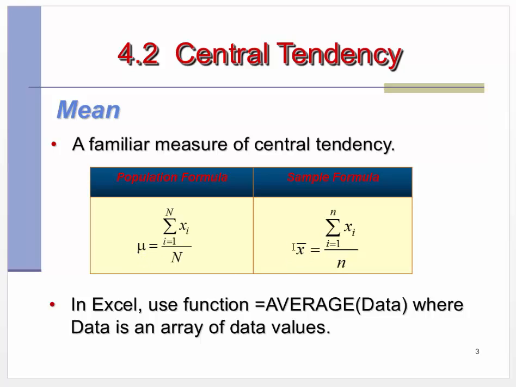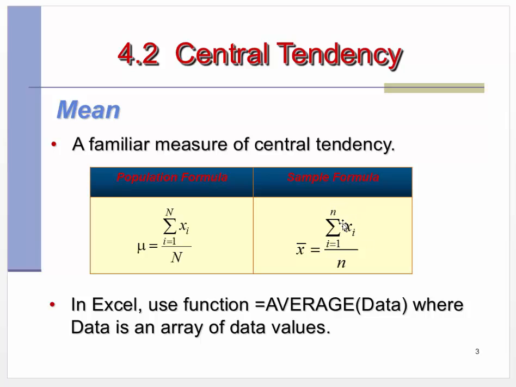And that's for the sample. Remember, a sample is a subset of the population. We draw a sample from the population. For the sample, we do not use mu. We use x bar right here. The sample mean x bar is calculated by adding all the xi's, the individual observations, from the first one, i equals 1, to the nth one, lowercase n.